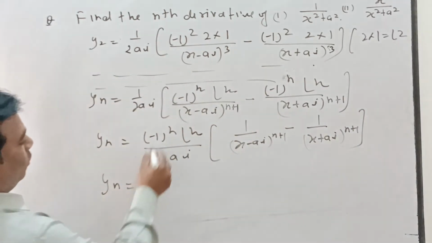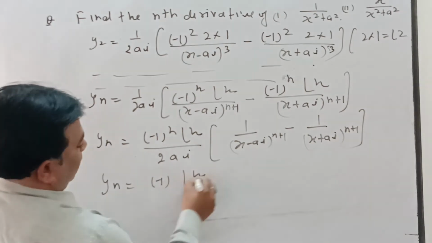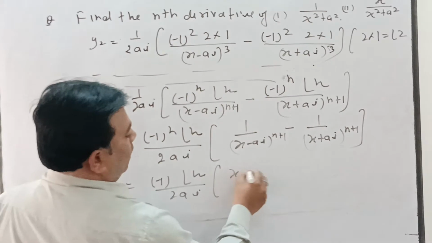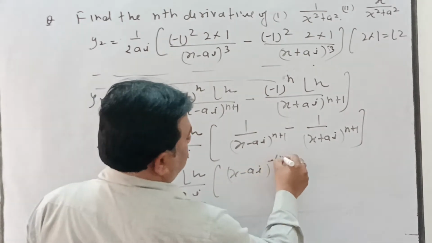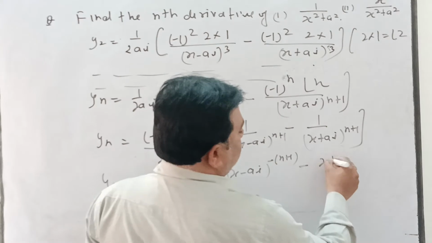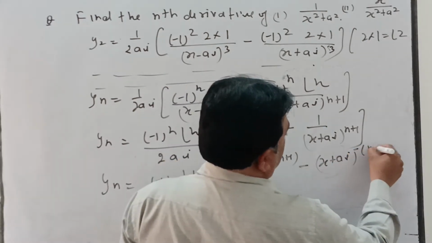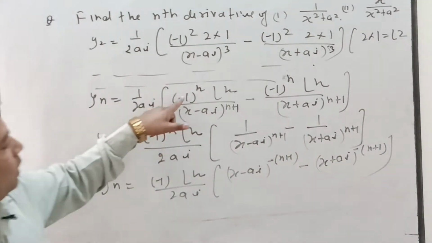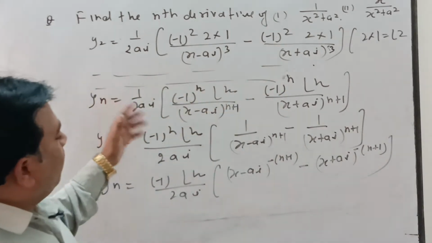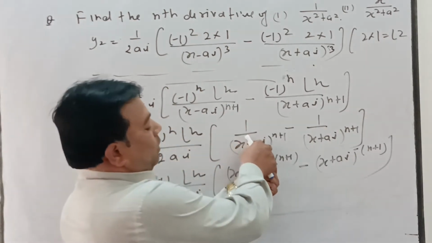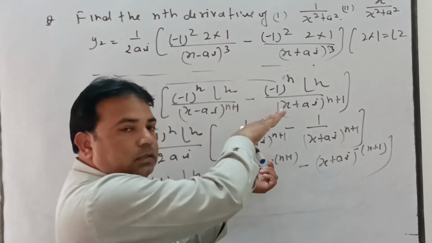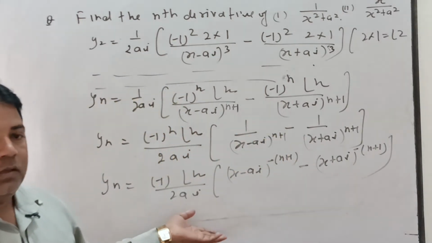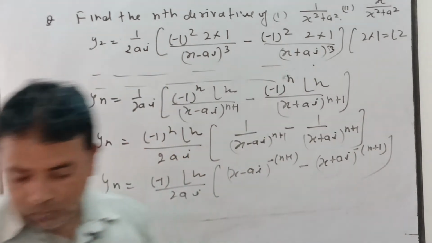Then y n equals minus 1 to the power n factorial n over 2ai, times x minus ai to the power minus n plus 1, minus x plus ai to the power minus n plus 1. If you have any doubt in these steps, we take the common value out, and the remaining numerator and denominator, taking out the numerators, the power changes, plus becomes minus. Okay, understand all of you, please make a note.